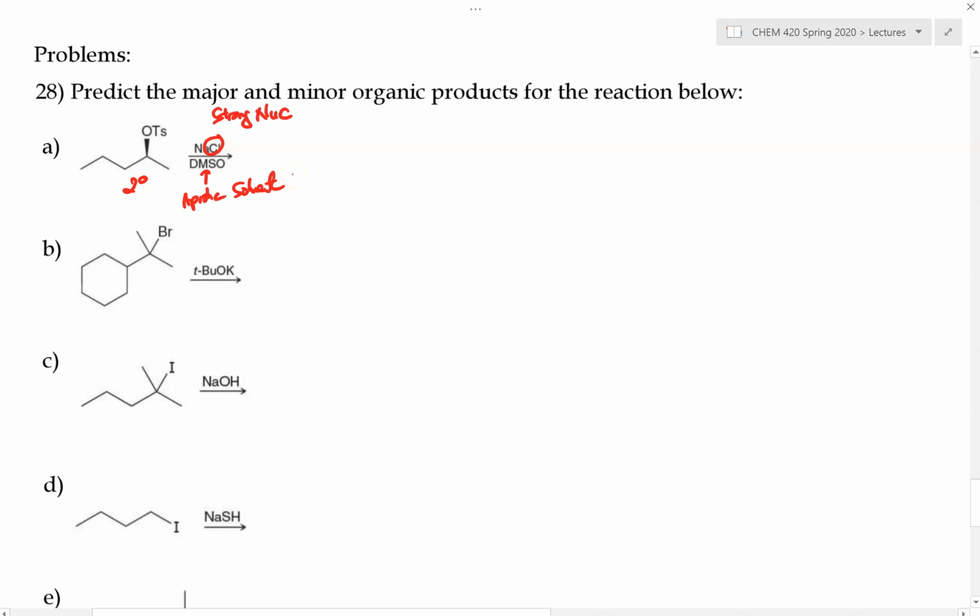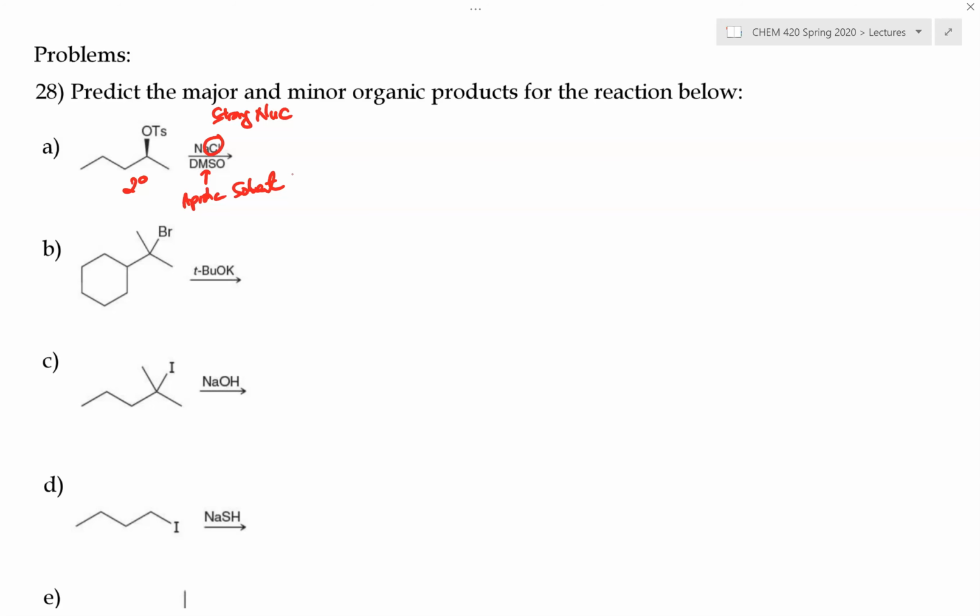So first, let's decide between substitution and elimination reaction. In this case, the reaction will have to undergo a substitution reaction because the reagent is nucleophilic and not basic. So only substitution reaction will be seen.